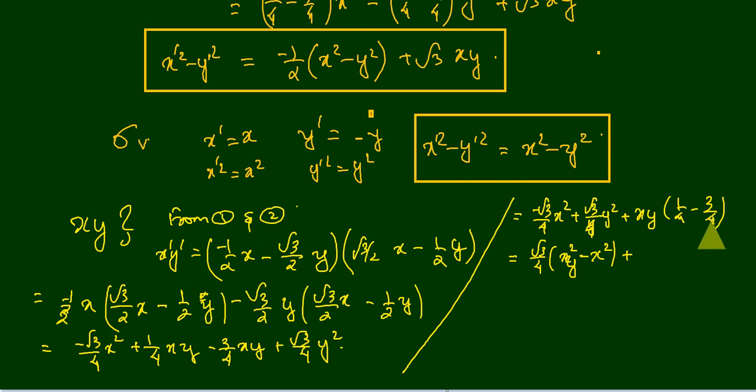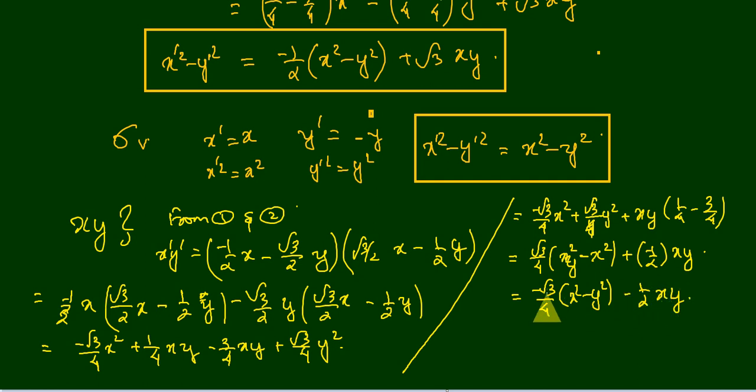This is 1 by 4 minus 3 by 4, that is equal to minus half into xy. So we can write it like minus root 3 by 4 into x square minus y square, minus half xy.